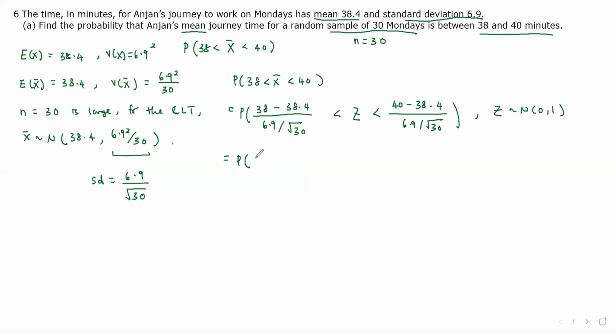We now have the probability that Z is between negative 0.3175 and 1.270.